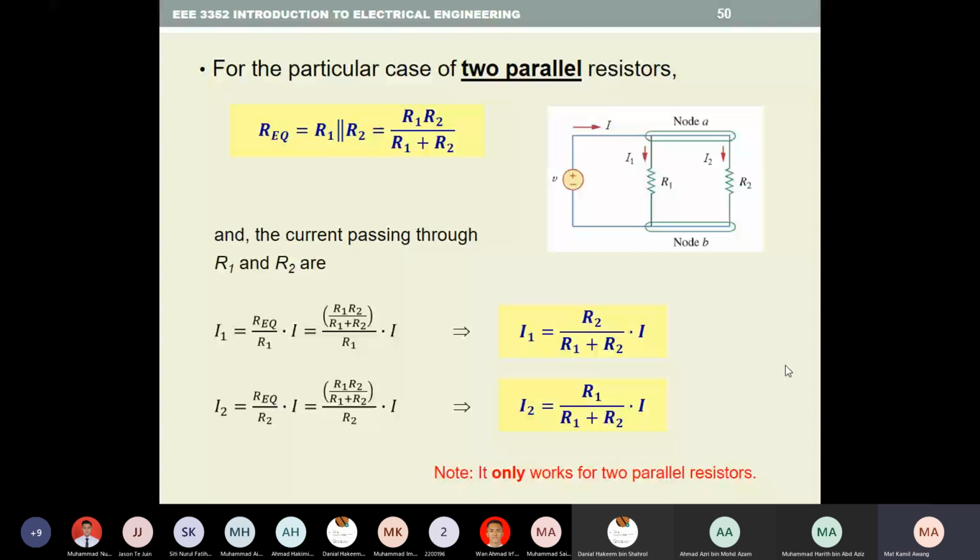The currents passing through R1 and R2 are given by I1 equals R2 over R1 plus R2 times I, and I2 equals R1 over R1 plus R2 times I. This formula only works for two parallel resistors. You cannot use it for more than two resistors in parallel. Remember that.